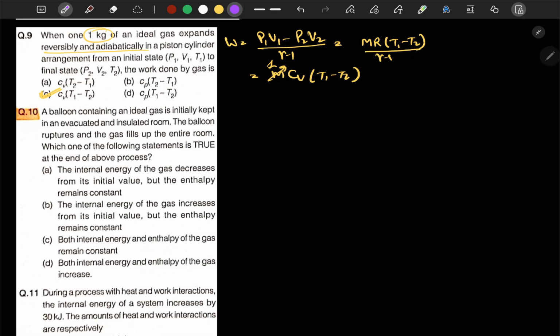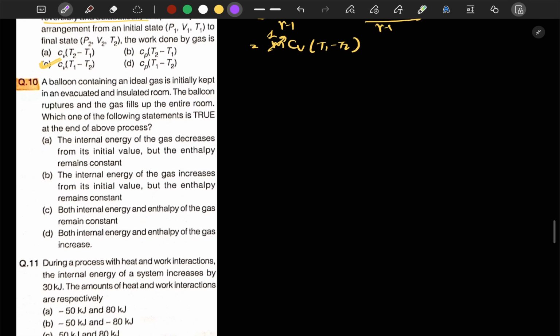Okay, next question 10. A balloon containing an ideal gas is initially kept in an evacuated and insulated room. The balloon ruptures and the gas fills the entire room. Which of the following statements is true at the end of the process? So the balloon containing the ideal gas is kept initially in an insulated room, and here it is vacuum.